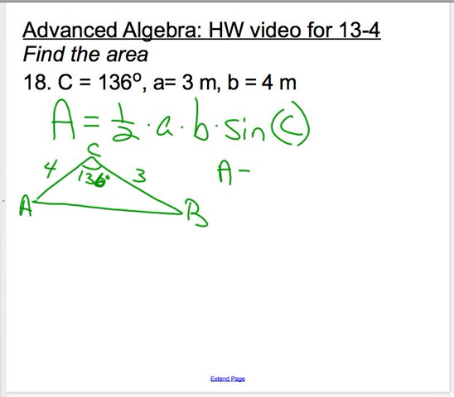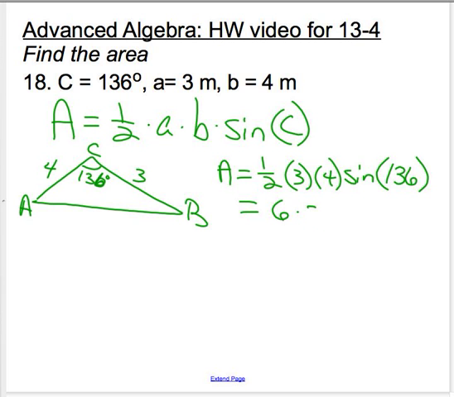So I can use that formula, plug in my side lengths of 3 and 4 times the sine of the 136-degree angle. I can type it in my calculator all at once, or I can do it in pieces. What you do want to be careful of is that your calculator is in degrees for the angle.